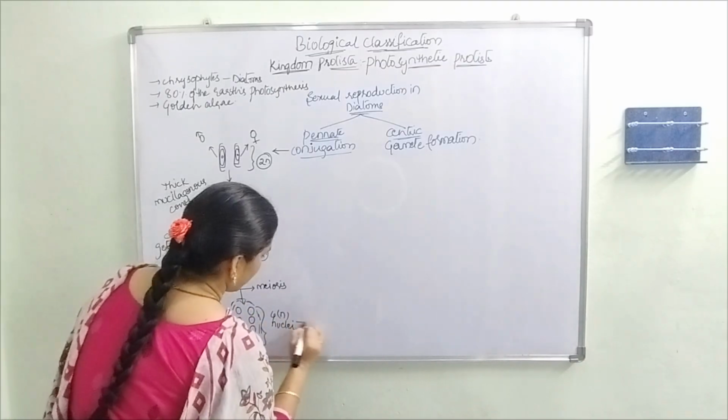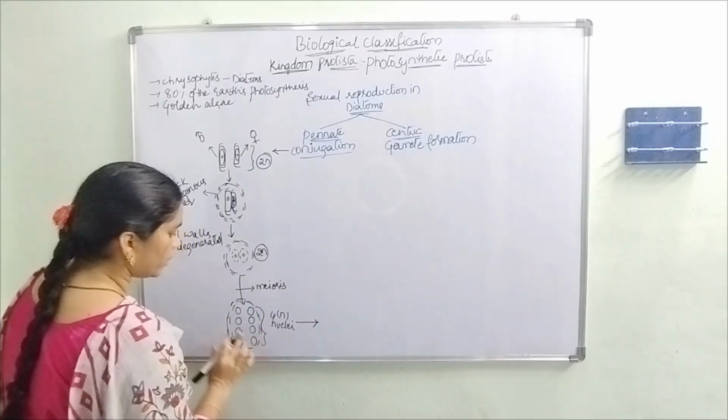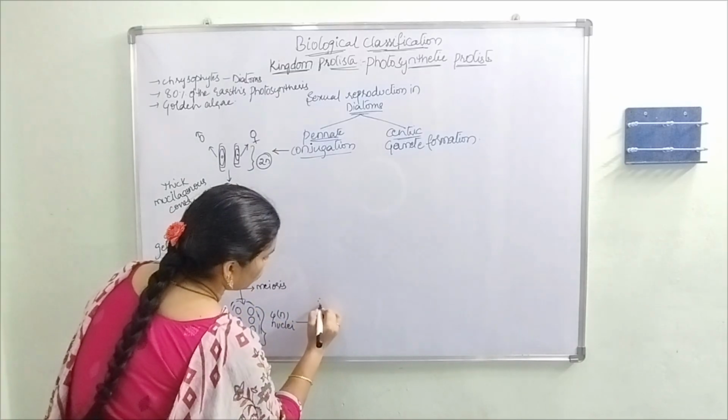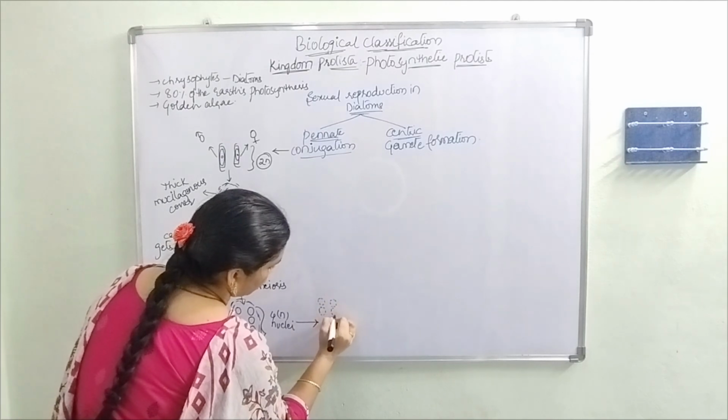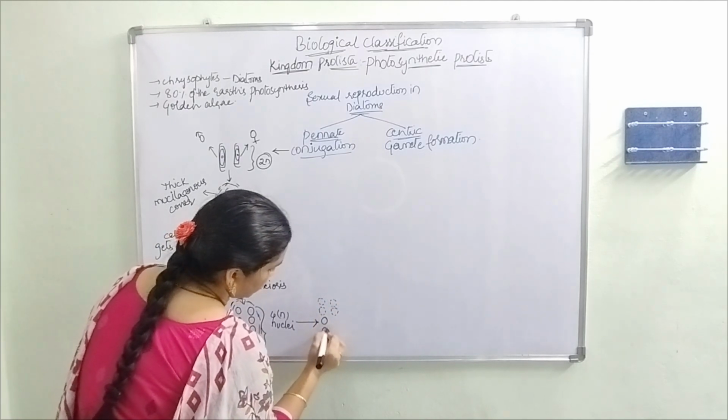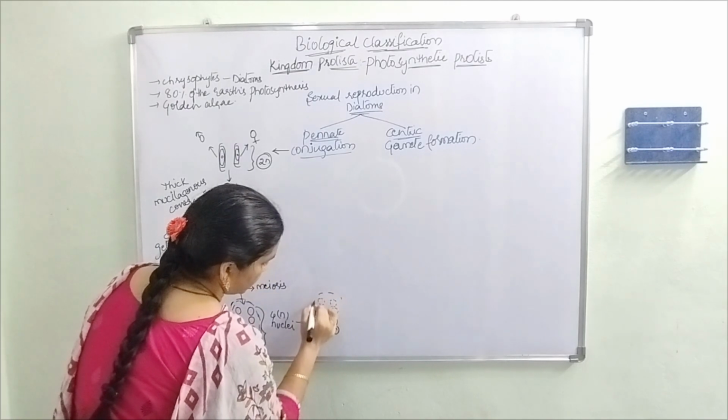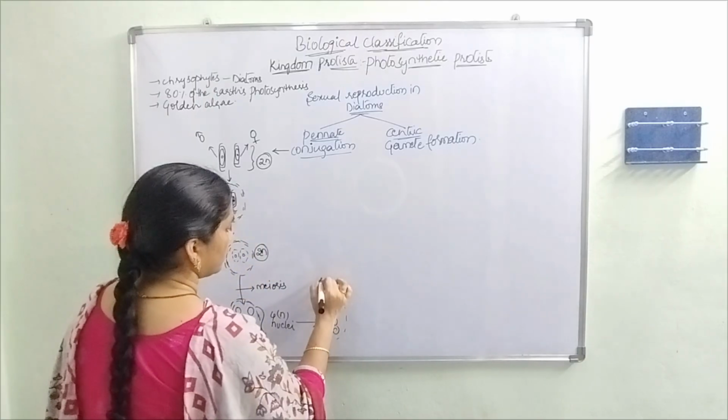Now, of these 4 haploid nuclei, 2 nuclei get degenerated. This is the thick mucilaginous cover.